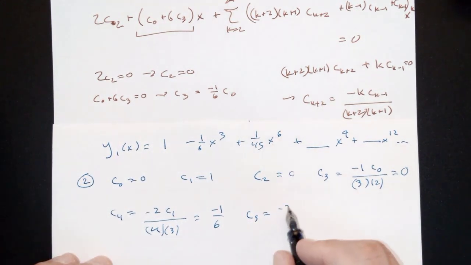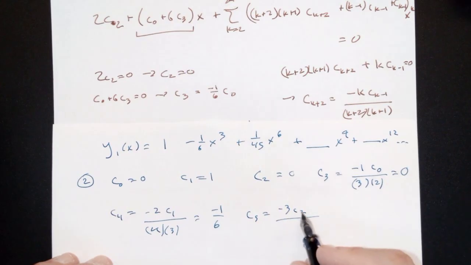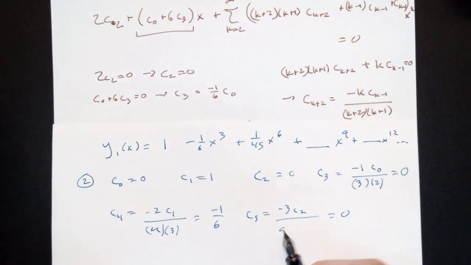C5 is -3 C2 over stuff, but C2 is 0. C6.